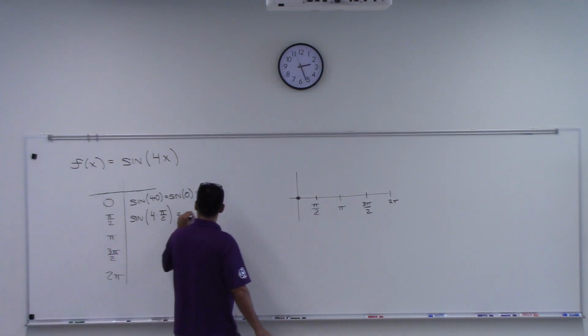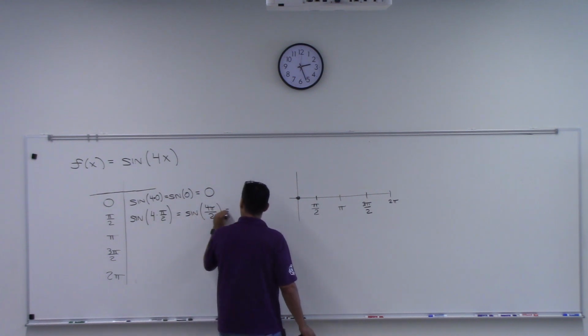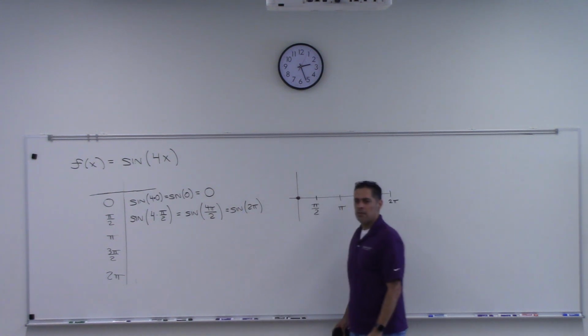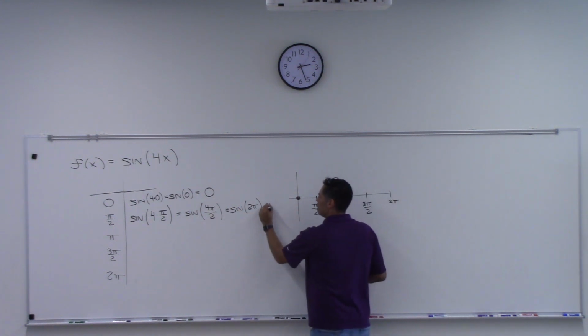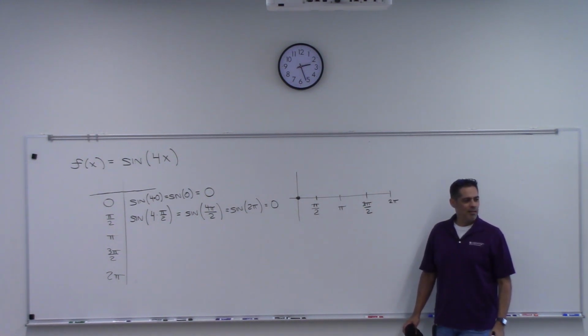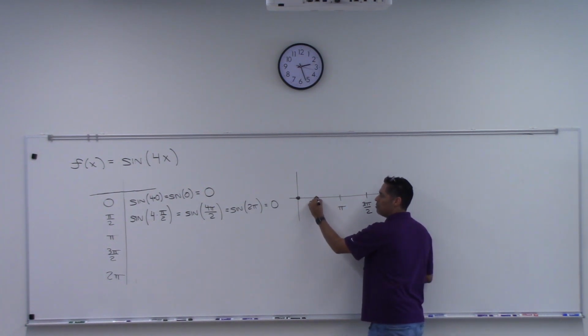What is that? 2 pi. What's sine of 2 pi? 0 again. Right? Do y'all buy that or no? So at pi over 2, we're at 0, aren't we?